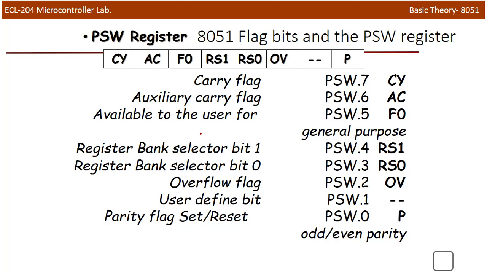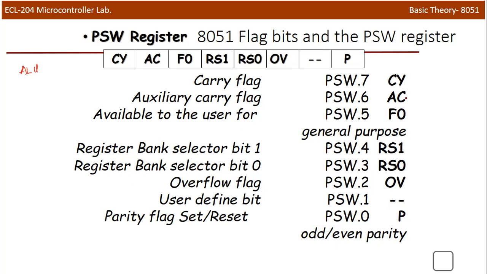Another important point about programming memory organization is the PSW register, the program status word register. After each operation of the ALU, you can see some status. In order to observe the status, you need to refer to this register or its bits. PSW is again located in the SFR. It is 8 bits wide, and here you can see different flags: the carry flag, auxiliary carry, another one for bank select, RS1, RS0, the overflow flag, and the parity flag.